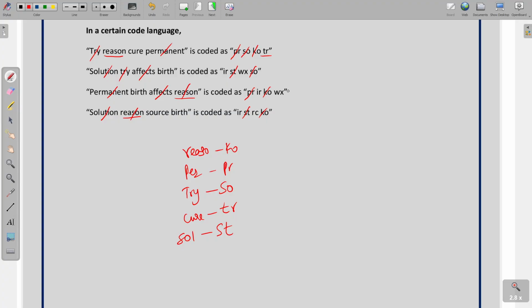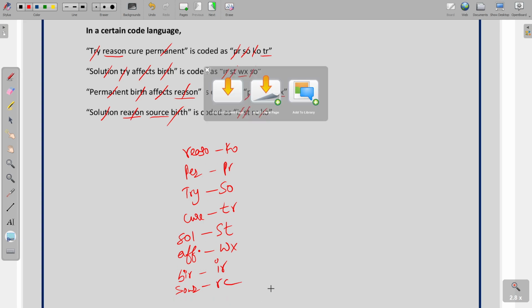So affect is coded as WX. And next, birth lies in the second, third and fourth sentences, that is IR. And the remaining word source is coded as RC. So it is the coding for each and every word.